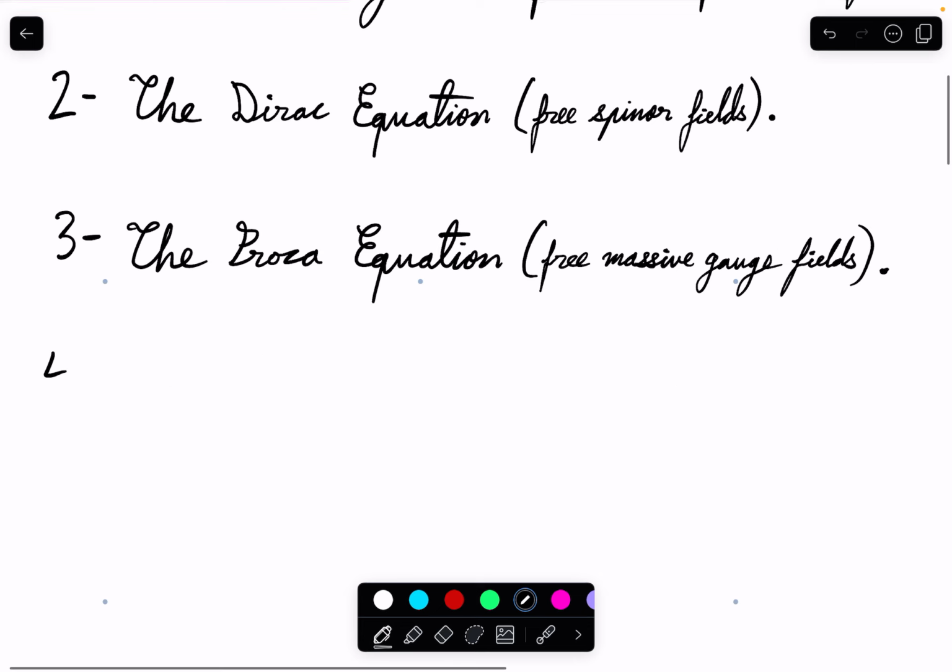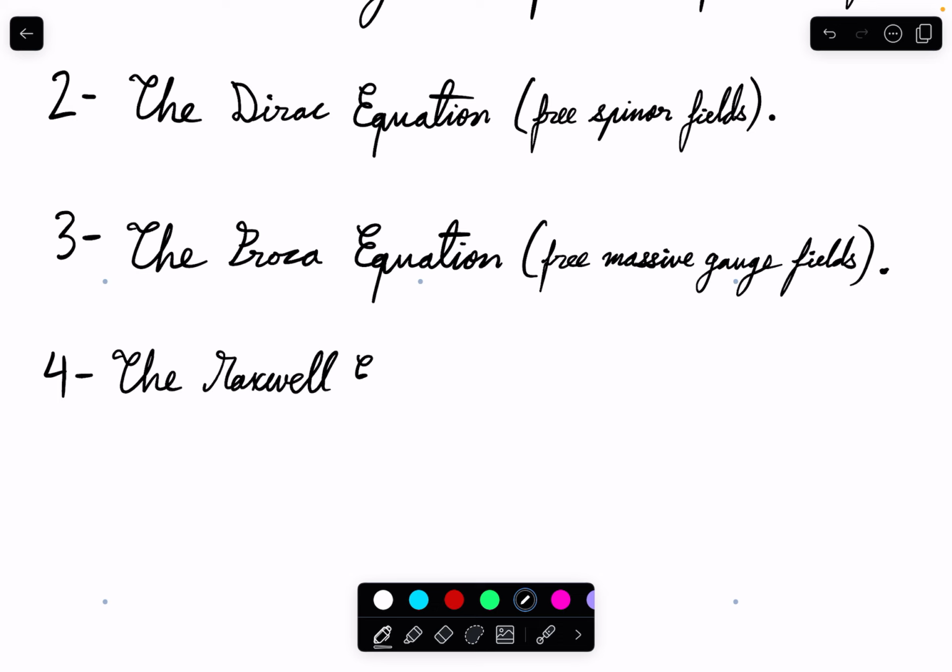And then the fourth, which is the Maxwell equation, which is for a free massless gauge field.